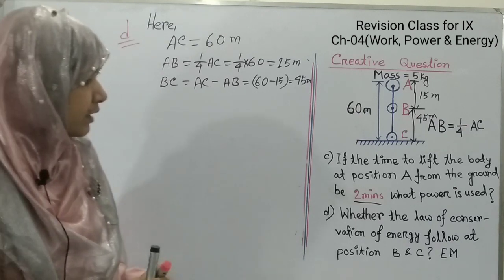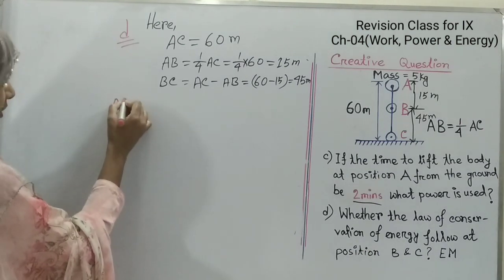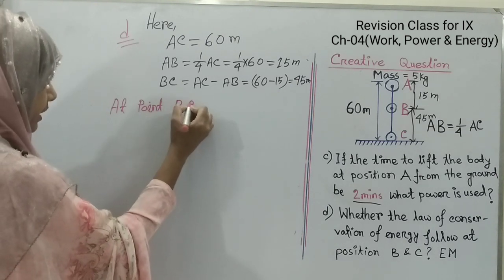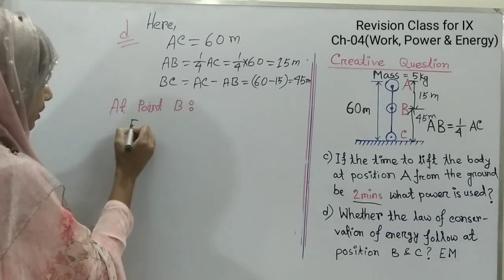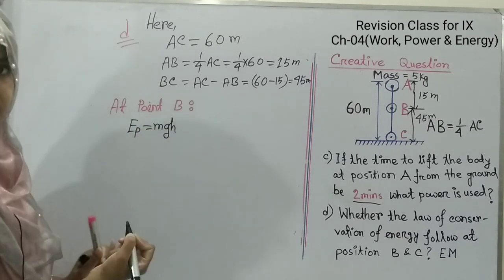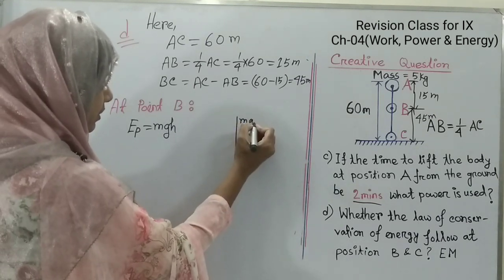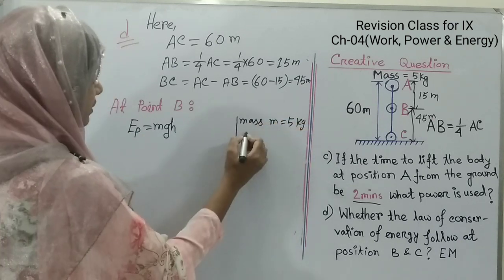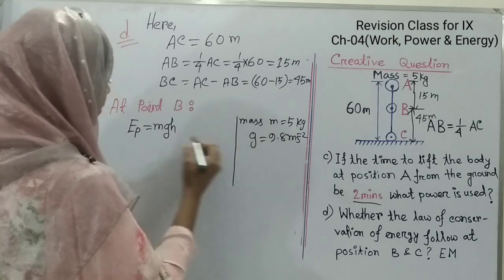Now we have to calculate the total energy at point B and C. So at point B, potential energy, that means EP equals mgh. Here mass m equals 5 kg, g, you know that the value of g is 9.8 meter per second square, and h.